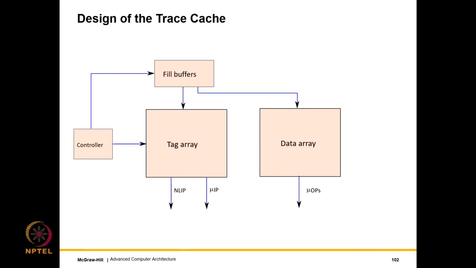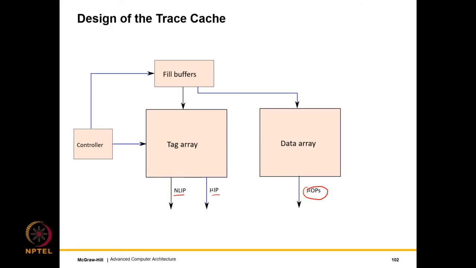So the basic structure of a trace cache, this is the way that it would look. We will have the same data array and tag array. So let's not worry about these terms for the time being. Micro ops, of course, this is something that we know, which comes out of the data array. But for the rest, let's not worry about NLIP and micro IP for the time being. But we have a controller.